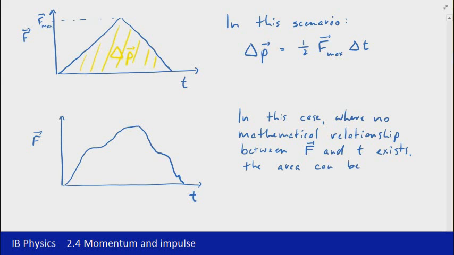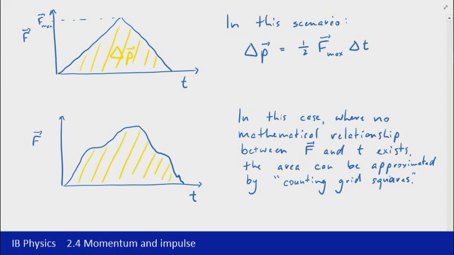And the way that I'm going to state it here is just a rough and ready term: it can be approximated by counting the grid squares. So if we had this on a grid, you could then just go through and count up the number of squares that are covered there. Let me just note again that ultimately, by counting the grid squares, we're still just finding that change in momentum or the impulse represented by the area under the curve.